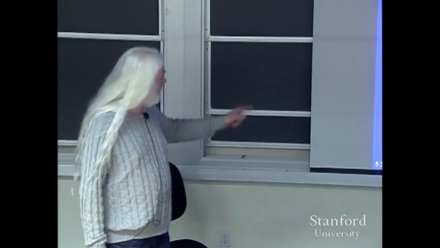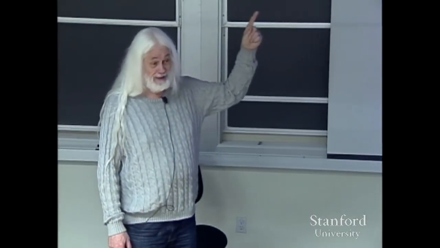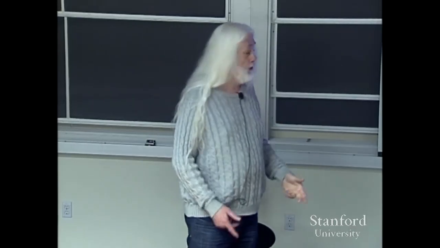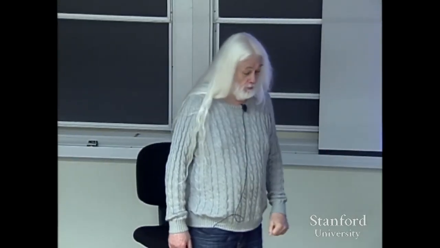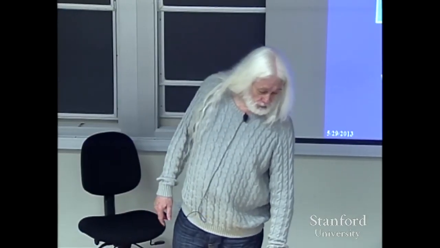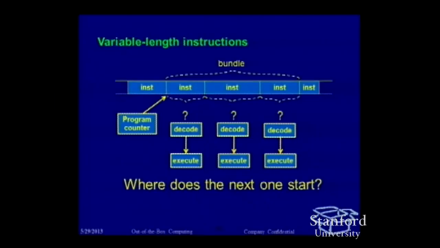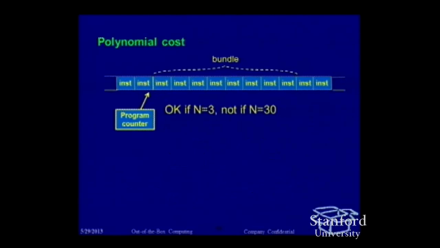And if we're going to get the next one in the following cycle, we need to be able to find the end of it. We also need to be able to find the start points of each of the instructions within the bundle. That has polynomial cost. And indeed, this is why Intel is not able to get more than 4. Well, polynomial is not bad if n is 3, but it's not very fine at all if n is 30.